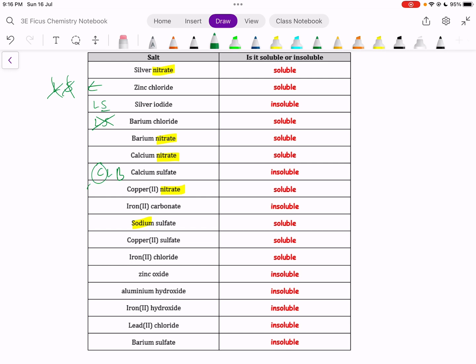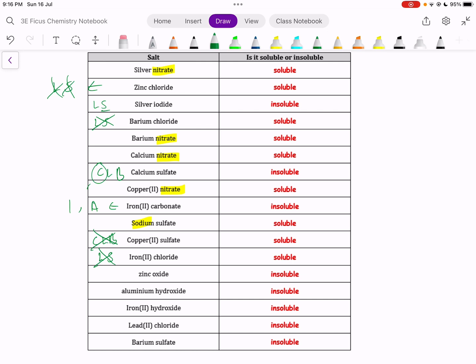Then you have iron 2 carbonate. This is not your group 1, neither is it your ammonium, so definitely insoluble. Next we have copper 2 sulfate, but it's not the C of the CLB, not calcium, so this one is soluble. Then iron 2 chloride, not lead, not silver, so it's soluble for sure.